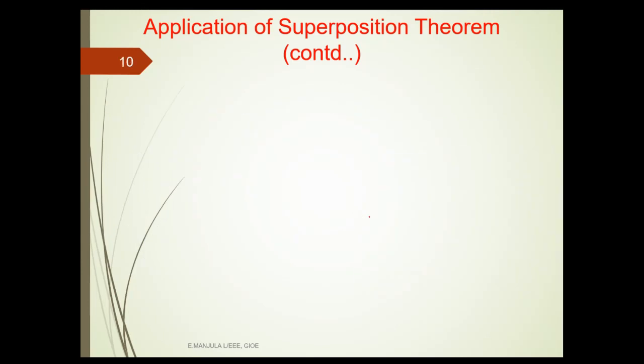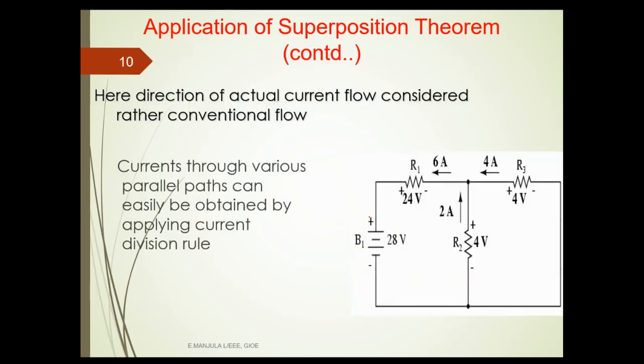Here, the direction of actual current flow is considered rather than the conventional flow. Actual current flow is always from negative to positive, while conventional current flow is from positive to negative.